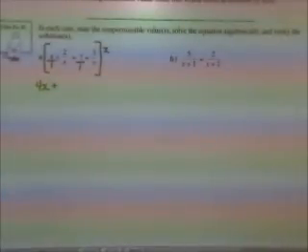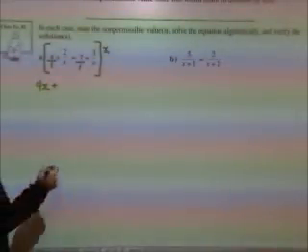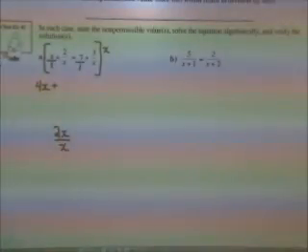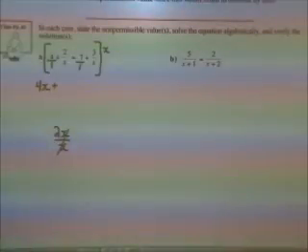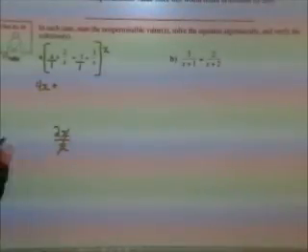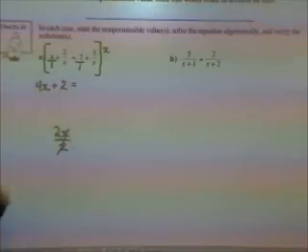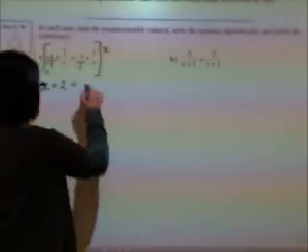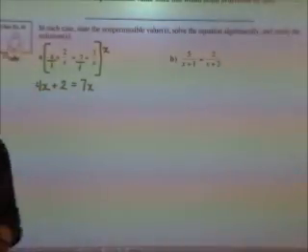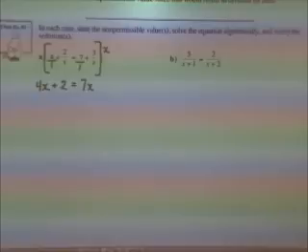If I were to multiply the second expression by x, I would get 2x over x. And what happens to my x's? They're going to cancel out, which will leave me with 2. And then on the other side, I get 7 times x, which would be 7x. And then when I take the 3 over x and multiply it by x, the x's are going to cancel again, and I'll be left with 3.